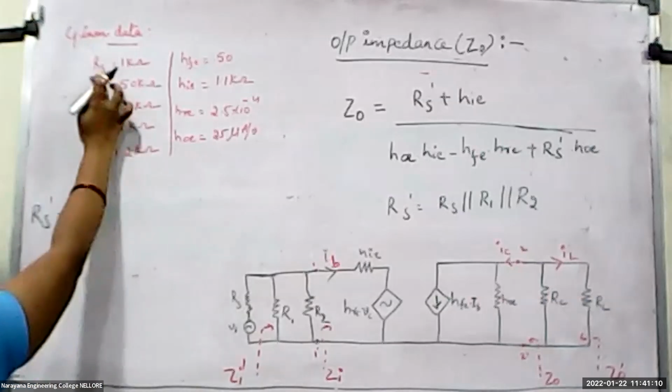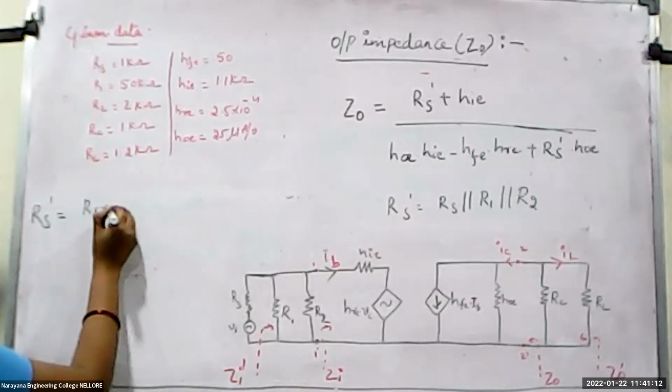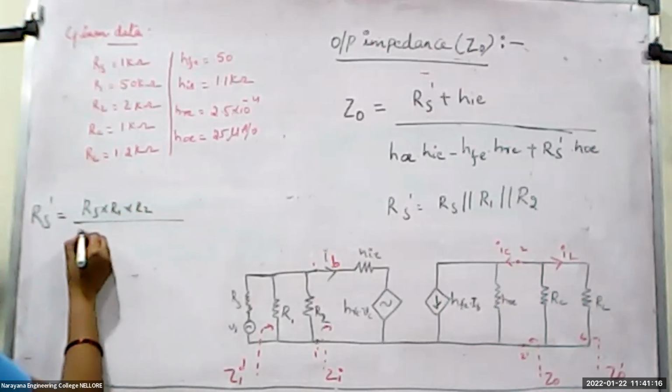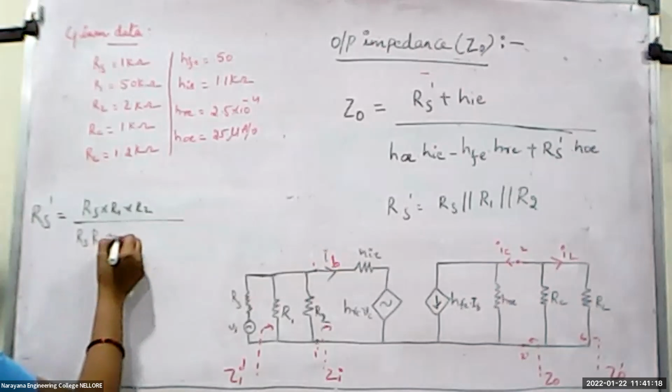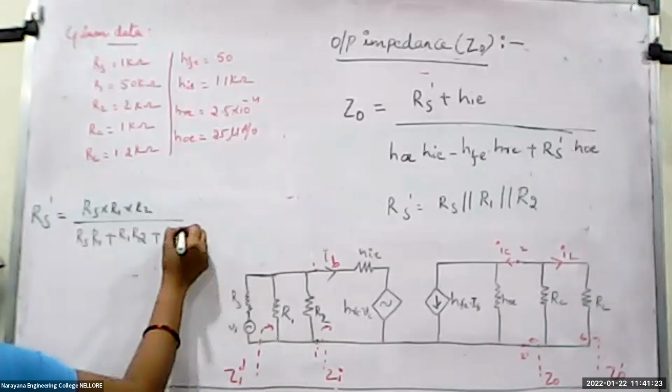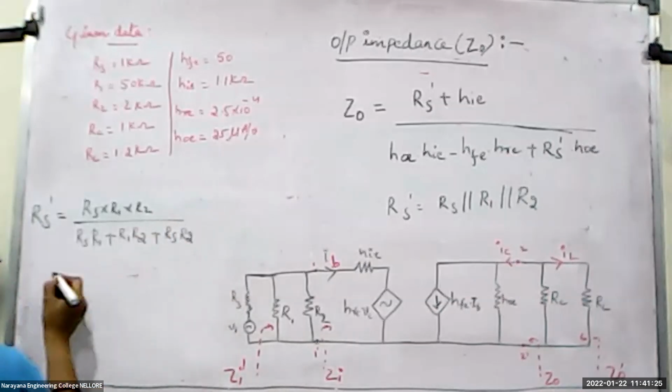RS dash is equal to RS into R1 into R2 divided by RS R1 plus R1 R2 plus RS R2. Substitute these values.